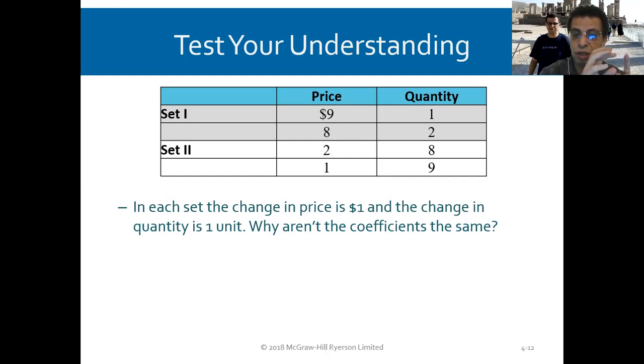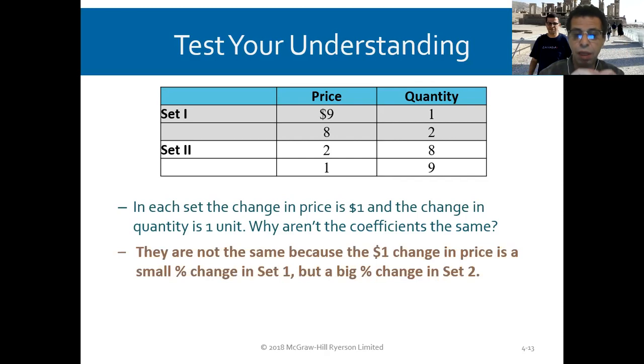So the question here says, why aren't the coefficients the same? As we said, we explained that to you. And the reason is they're not the same because the change in the price is a small percentage change in set one, but it's a big percentage change in set two.